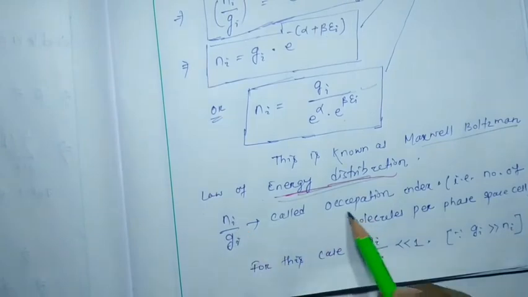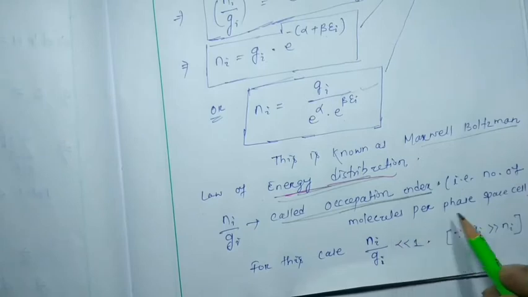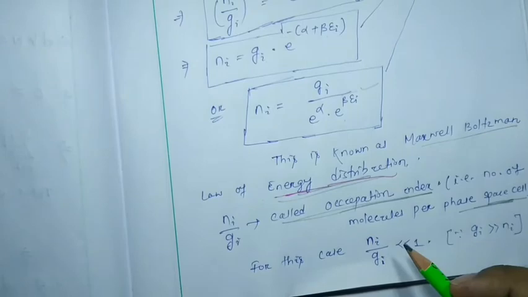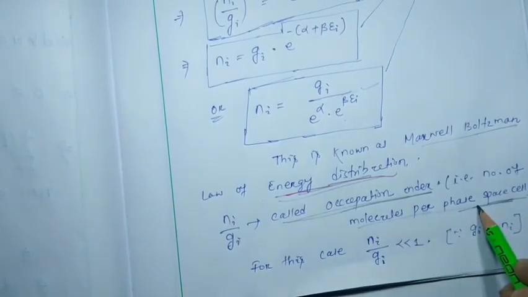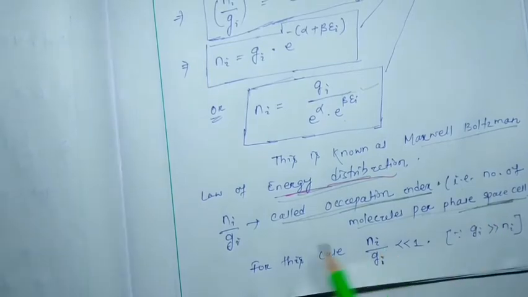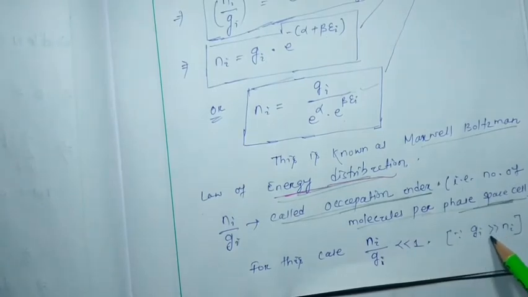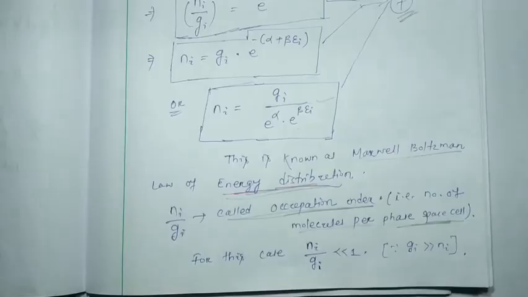Here ni by gi is called the occupation index, that is, the number of molecules per phase space cell. This occupation index gives the information of the number of molecules per phase space cell. In this case, ni by gi is very much less than 1, because gi is a very large number compared to the number of particles.